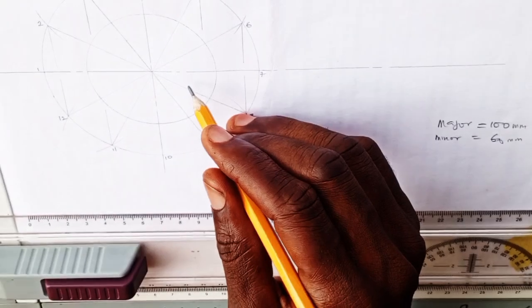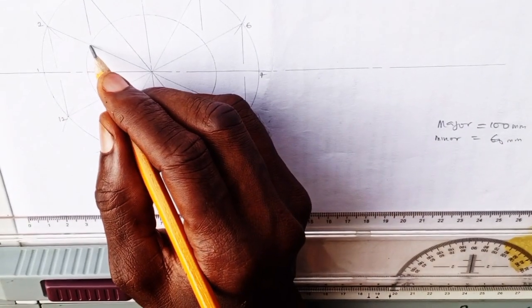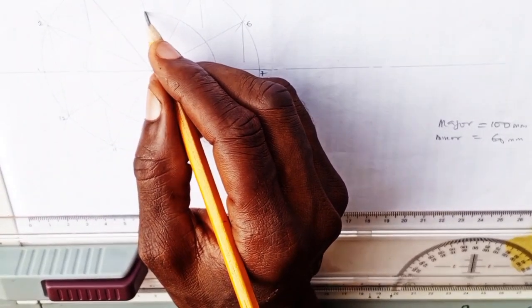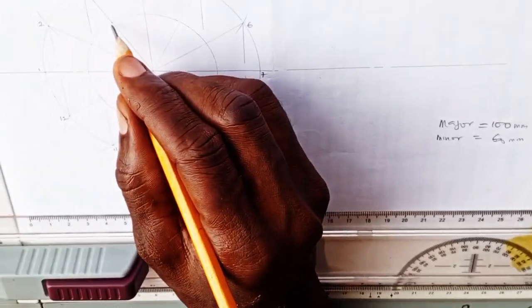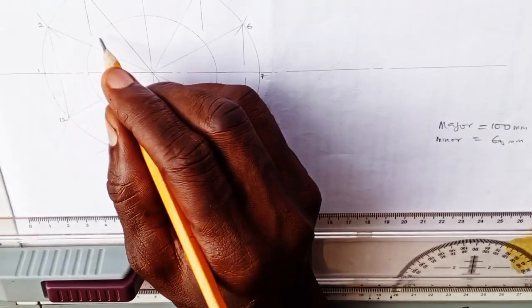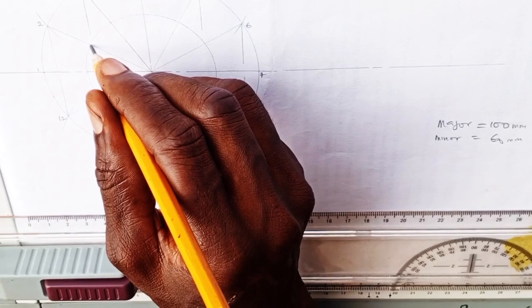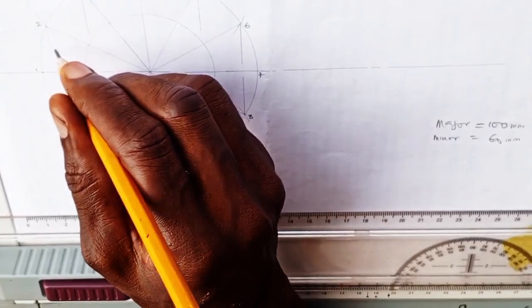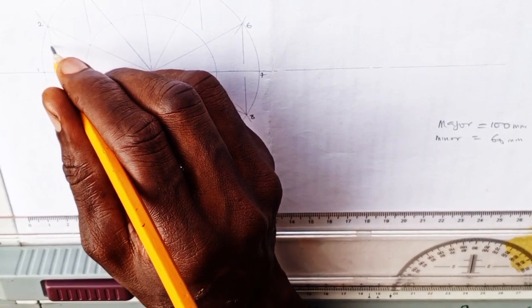The points where the radial lines cut the inner circle, for example, this is a point here, there's a point here, there's a point here. You have to draw horizontal lines at those points to intersect with the corresponding vertical line. So if I draw a horizontal line here, it will intersect this vertical line to give me a point here.